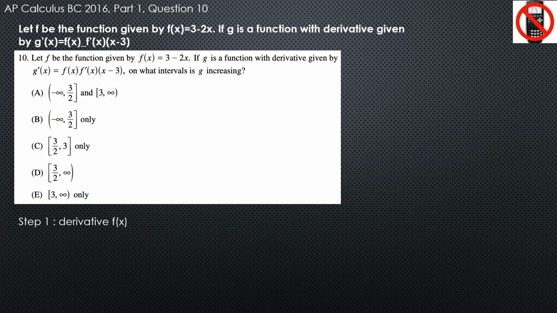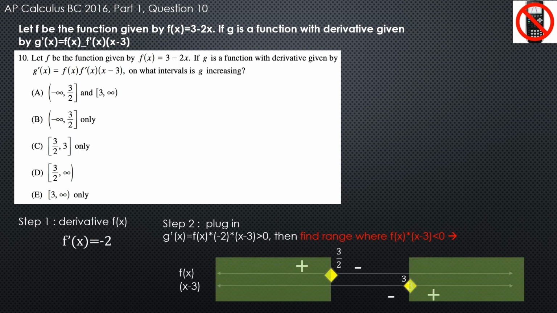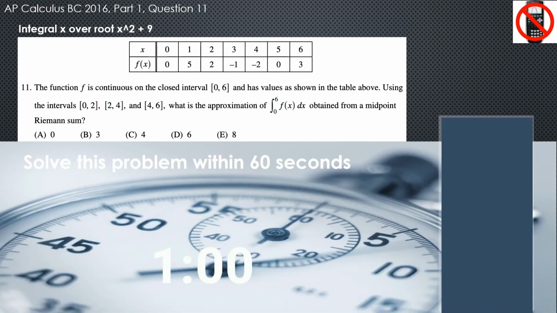Derivative of f(x). Step 2. Plug in. g'(x) equals f'(x) times -2 times (x - 3) should be greater than 0. -2 is negative. Therefore, this problem is to find the range where f'(x) times (x - 3) should be less than 0. From the graph, the range from minus infinity to 3 over 2 and 3 to infinity is negative. The answer is A.